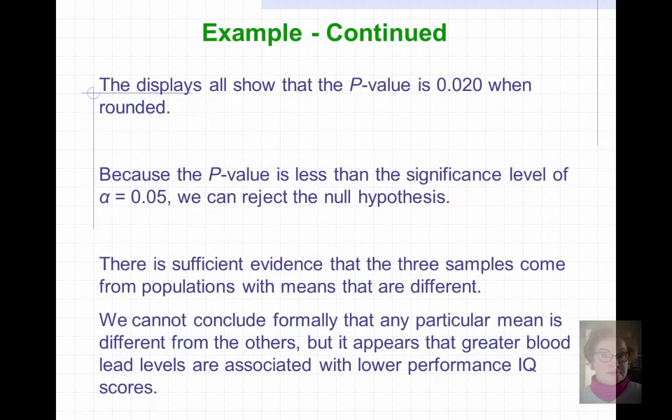Our p-value is 0.02. That would be step 4. And we can reject our null hypothesis. That's going to be step 5. And then here we have step 6.